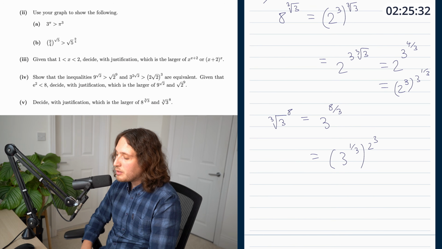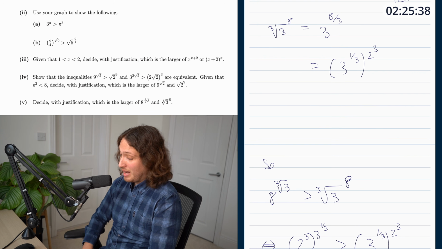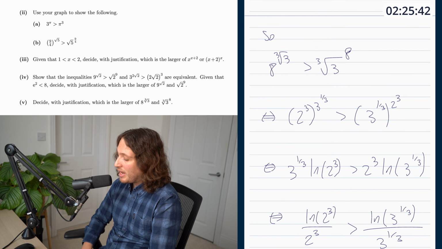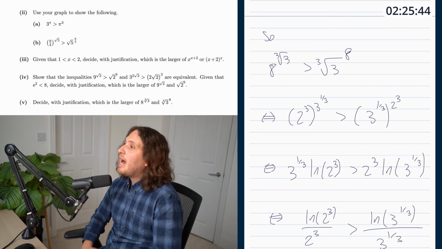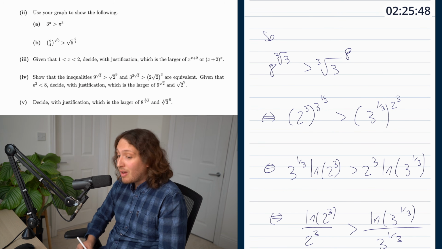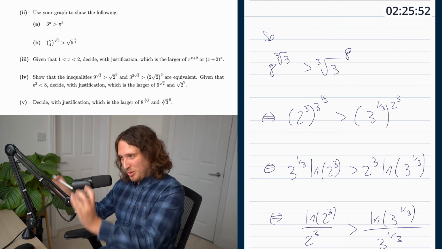The size of those bases is really bothering me a lot, because it's just obvious, right? That 2 cubed is way bigger than 3 to the third and way bigger than e. Well, perhaps that's the point. One of them is to the left of e, one of them is to the right of e, and it's not obvious who's further or who's dropped down more.